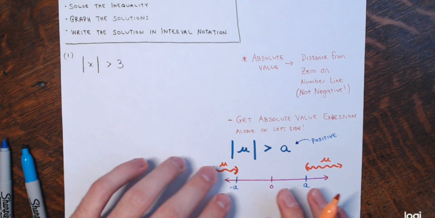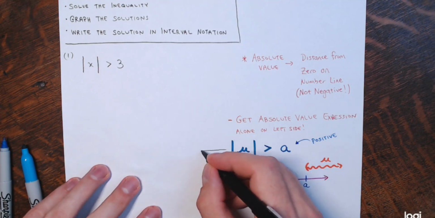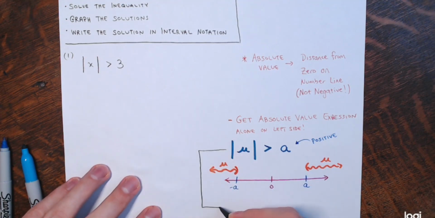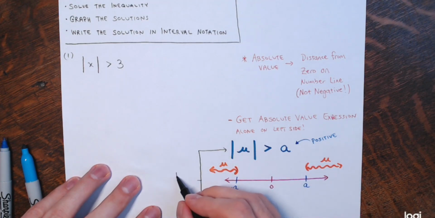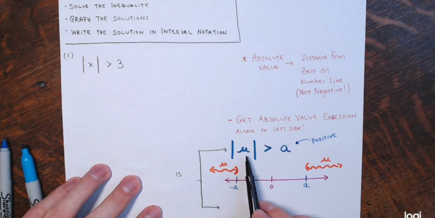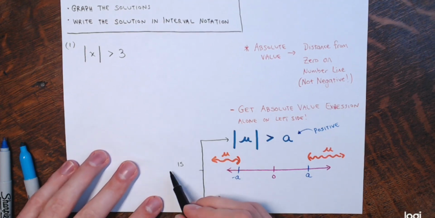So from this picture, we can establish an equivalent compound inequality to our absolute value inequality. When I see the absolute value of some expression is greater than a positive number, I'm going to rewrite this as this equivalent compound inequality.